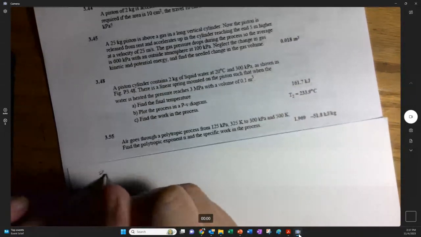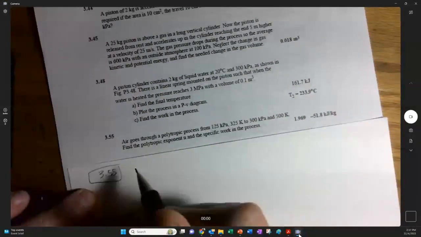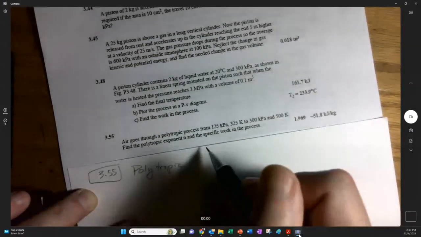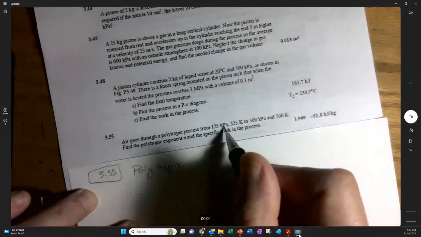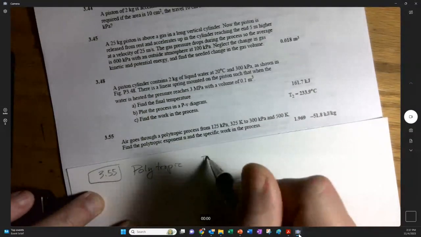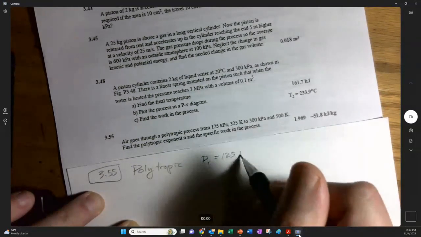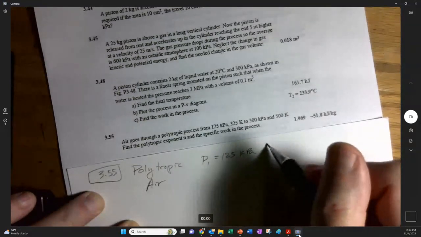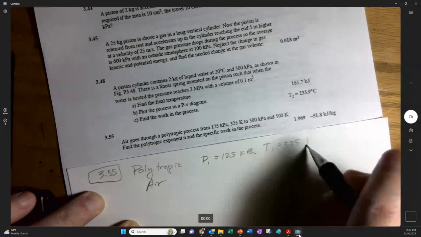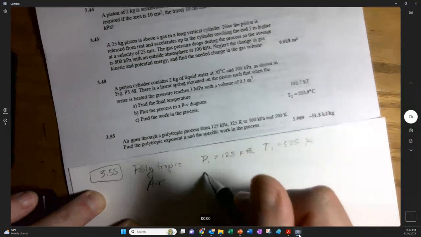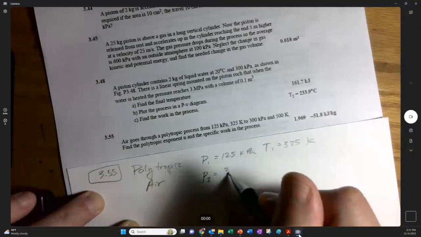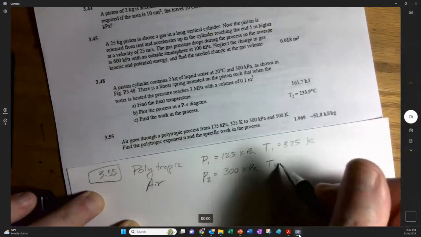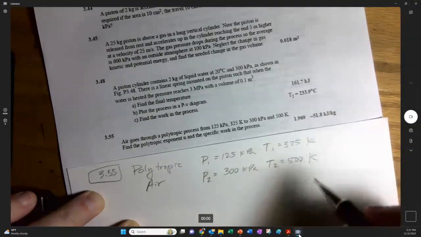So I have 355, and let's write polytropic, and it goes from P1 equals 125 kilopascals, and this is air, and T1 is 325 degrees Kelvin, and its final P2 is going to be 300 kilopascals, and T2 is 500 Kelvin.